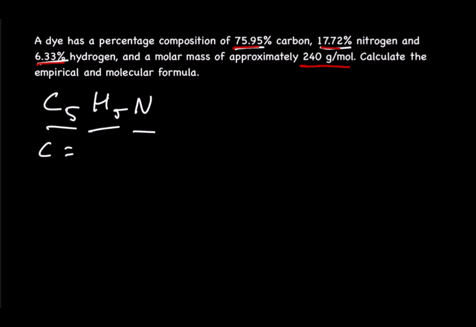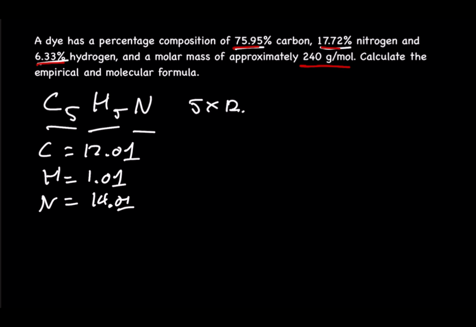Carbon is 12.01, hydrogen is 1.01, and nitrogen is 14.01. So you add them all up: 5 times 12.01 plus 5 times 1.01 plus 1 times 14.01, or just 14.01. If you add this all up, you're going to get 79.11.